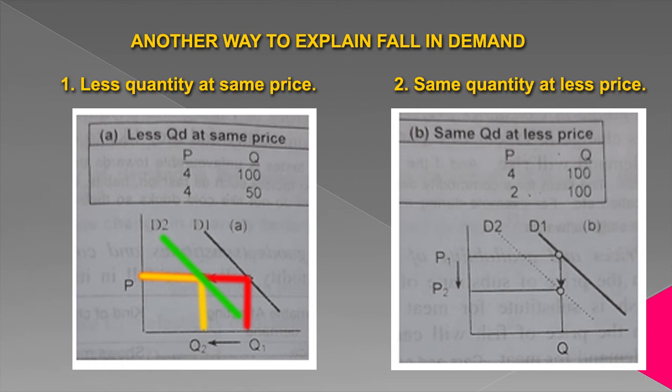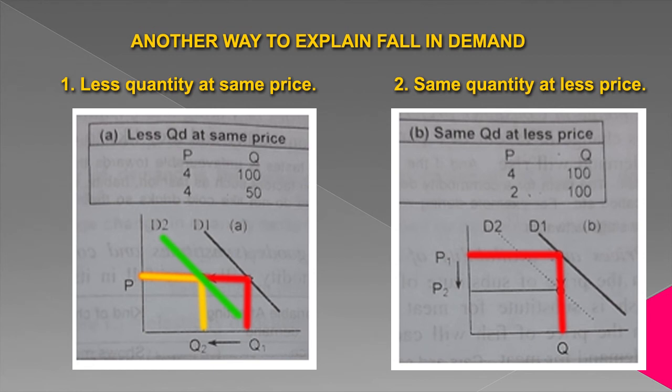In the second graph, you can see quantity is the same. There is a change in price. At 4, quantity demanded is 100. Price reduces to 2. Quantity demanded remains the same. Here you can see, suppose this is price 4, P1. Quantity demanded is 100.